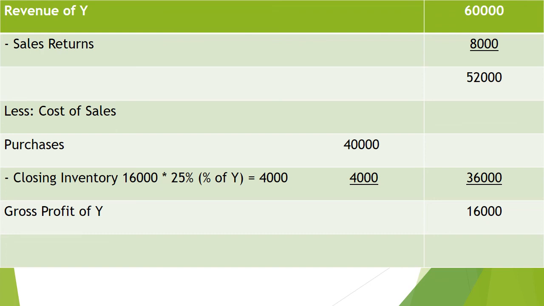If 75% of 16,000 is related to department X, then 25% will be related to Y. 25% of 16,000 will be 4,000. So we will deduct 4,000 from purchases. It will be 36,000, that is the cost of sales, and sales less cost of sales will be equal to gross profit, that is the gross profit of Y, 16,000. That was the correct option.